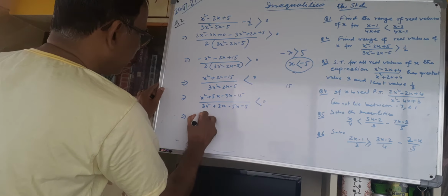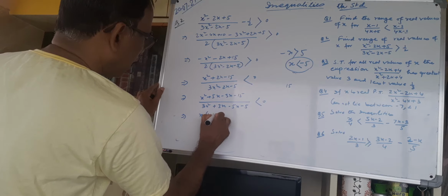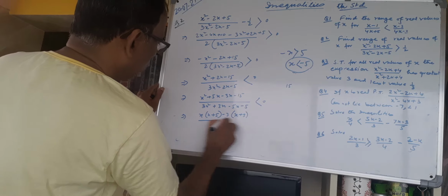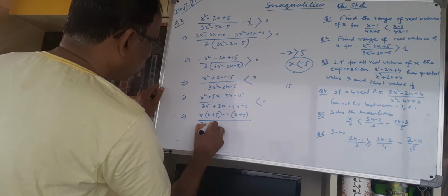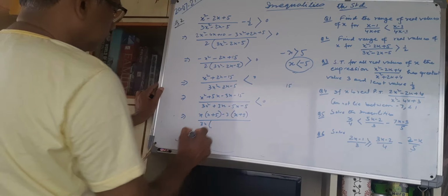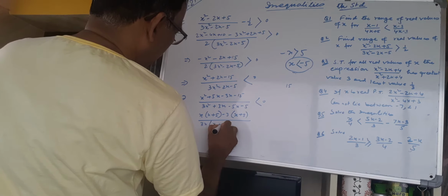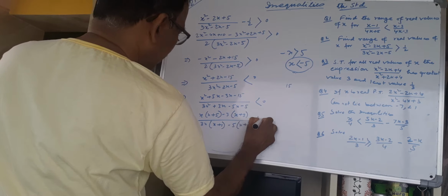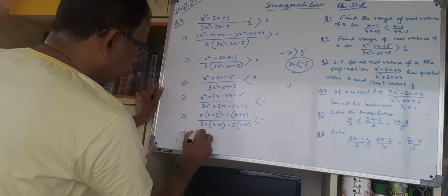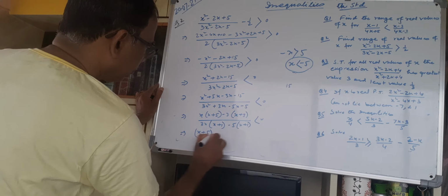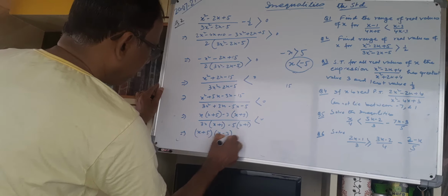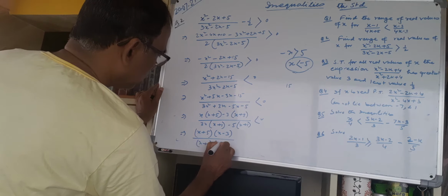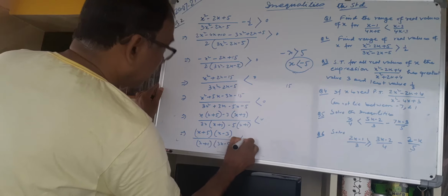That is, we can write x common, (x plus 5), minus 3 common, (x plus 5), over 3x common, (x plus 1), minus 5 common, (x plus 1) less than 0. That we can write (x plus 5)(x minus 3) over (x plus 1)(3x minus 5) less than 0.